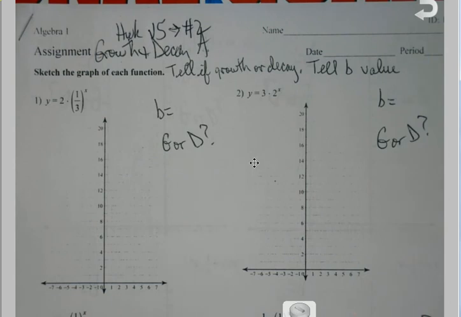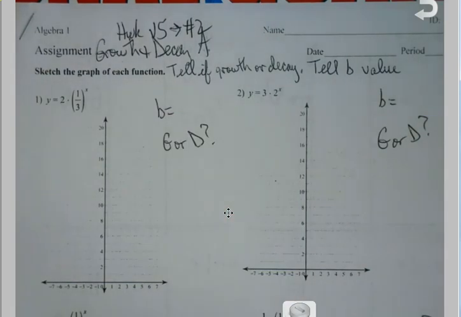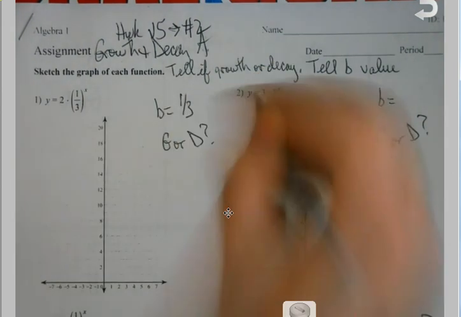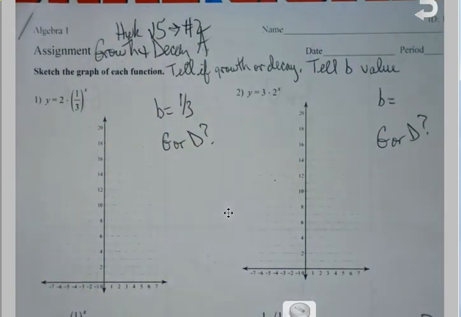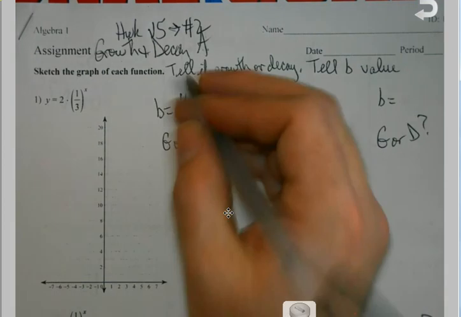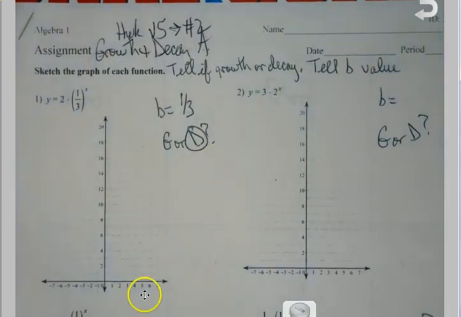So before I punch this in the calculator, should number 1 be growth or decay? What's my B value for number 1? Yeah, because my B value is 1/3. It's the number in parentheses right in front of x, which means it should be decay. So let's see.